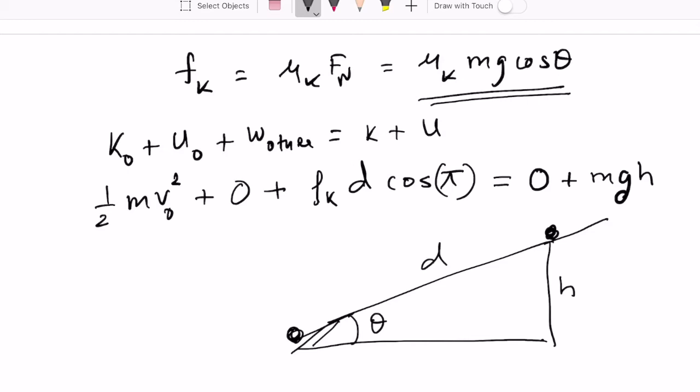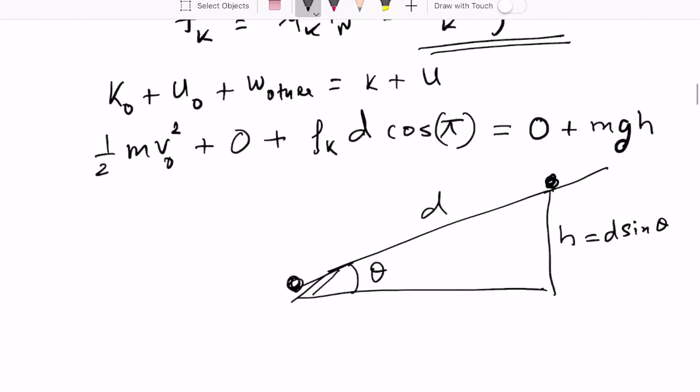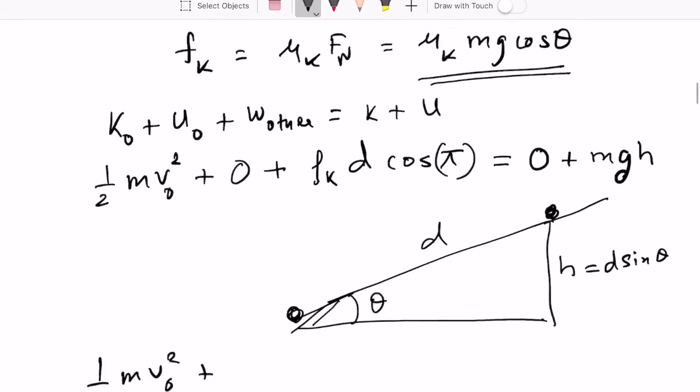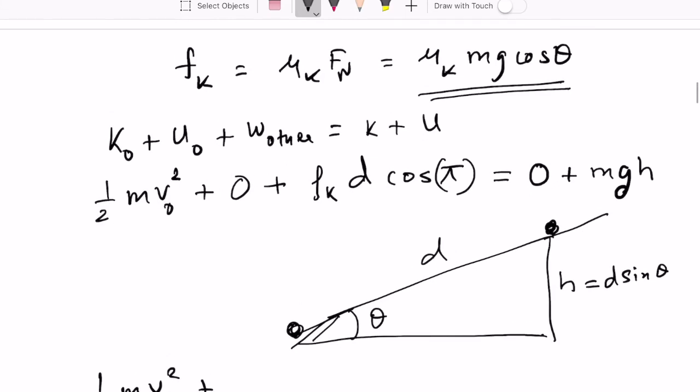What is the connection between d and h? Clearly, using SOHCAHTOA, h is equal to d sine theta. So we can just get rid of h that way. Now all we have to do is just plug in the quantities that we know and solve for d. So 1/2 m v0 squared plus, instead of Fk, we're going to write mu k mg cosine theta.